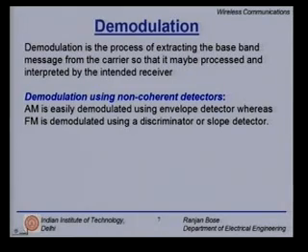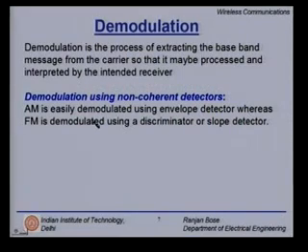So, if we are specifically talking about the analog modulation techniques, where the popular ones are AM, amplitude modulation, and FM, frequency modulation, AM is easily demodulated using an envelope detector, whereas FM is demodulated using a discriminator or a slope detector. Today, we will also revisit the relative advantages and disadvantages of AM versus FM.